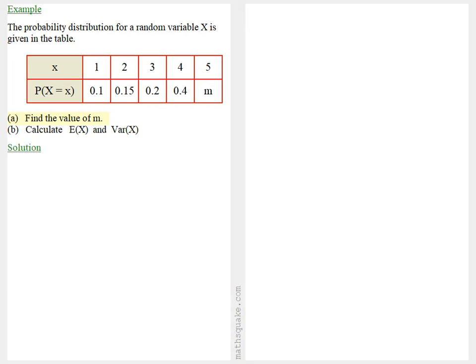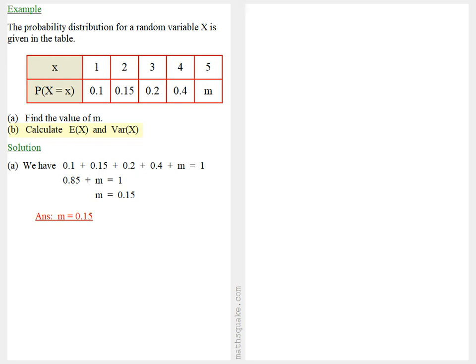Now we know that the sum of the probabilities has to add up to 1. So, looking at the bottom row, 0.1 plus 0.15 plus 0.2 plus 0.4 plus m is equal to 1. Or 0.85 plus m is equal to 1, and so m is 0.15. Now in part B, we're asked to calculate the expectation and variance of x.